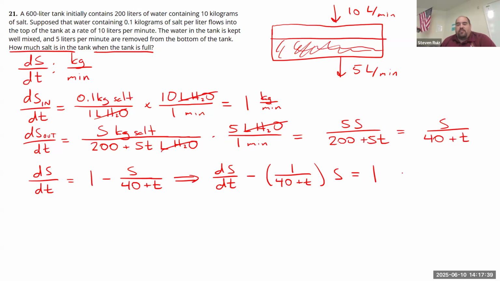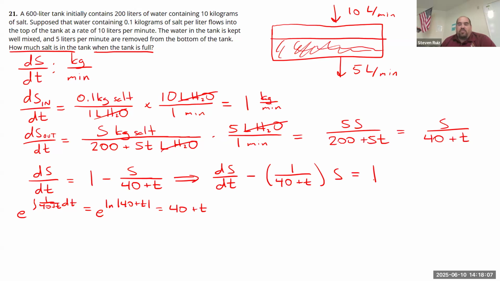So this is a first order linear differential equation. My integrating factor is going to come from e to the integral of 1 over (40 plus t) dt, which is equal to e to the natural log of 40 plus t, which is equal to 40 plus t.